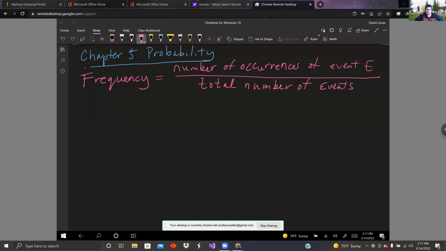When we got the frequency of how many people are left-handed, if we had 200 people and 12 of them said I'm left-handed, we would say 12 over 200.